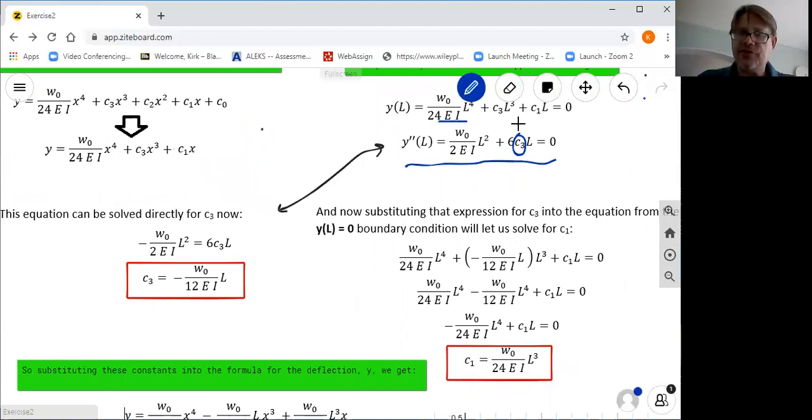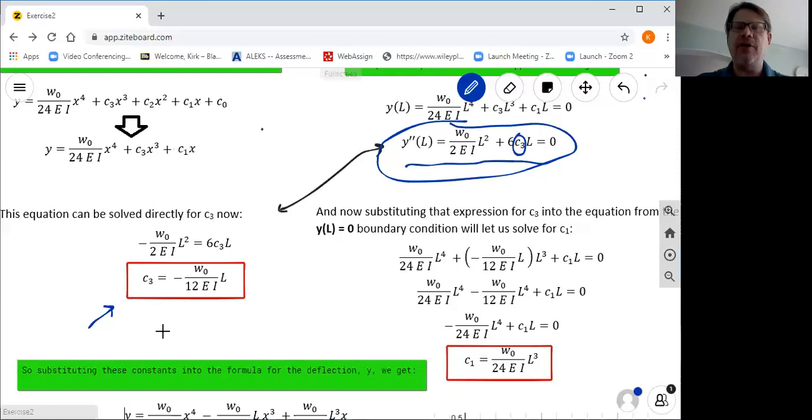If the second derivative at x equal to L is 0, then just a little bit of algebra is going to give me the value of C3. It turns out to be the negative of the constant W sub 0, which was the load on the beam, divided by 12 times the two constants E and I times the length of the beam L. That's my value of C3.